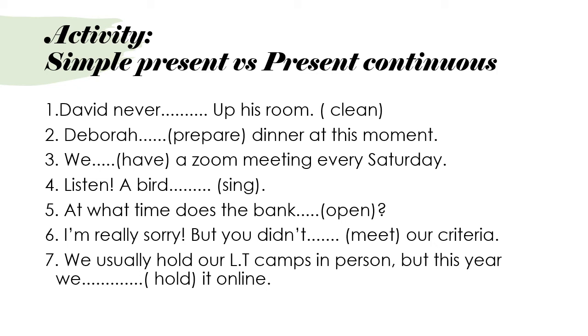In the second sentence, the signal word is at this moment, which talks about present continuous: Deborah is preparing dinner at this moment. In the third sentence, it's every Saturday, which talks about simple present: we have a Zoom meeting every Saturday. In the fourth case, the signal word is listen, which is a present continuous form: listen, a bird is singing, and so on.